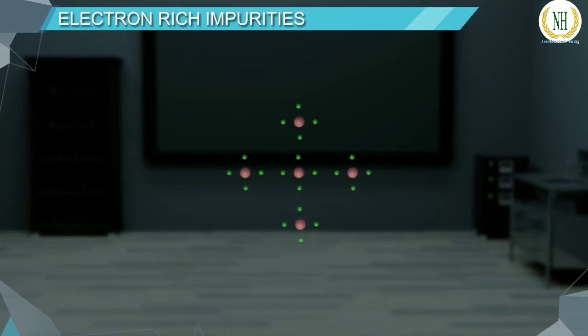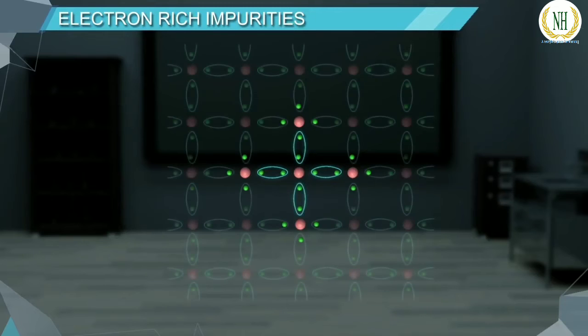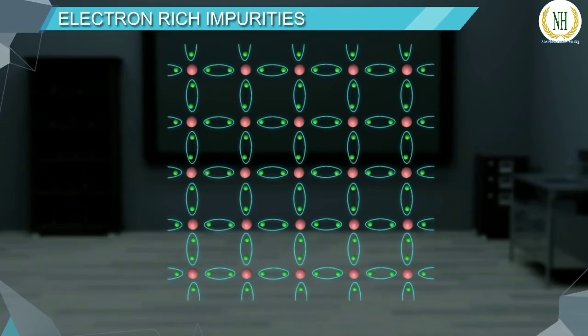In pure silicon, each silicon atom uses its 4 valence electrons for the formation of 4 covalent bonds with the neighboring silicon atoms. When silicon is doped with some group 15 elements, then some of the positions in the lattice are substituted by atoms of the group 15 element.